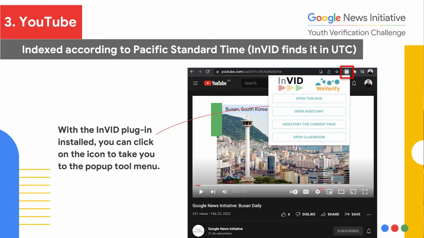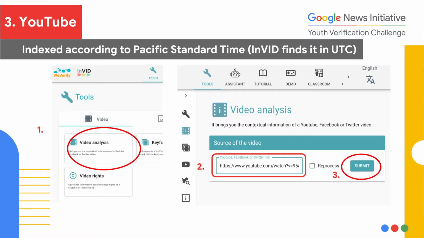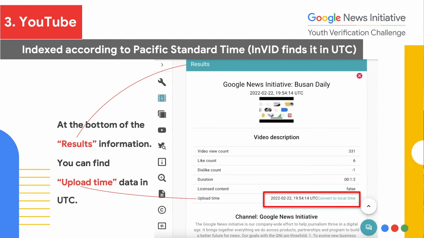You open up InVID, which is a Chrome desktop extension, and you then open up the video analysis tab to drop your video link into it, and then you simply hit submit. What will happen there is you will get a results page with a video upload time. Because InVID shows it to you in UTC, you'll need to convert it to your local time.